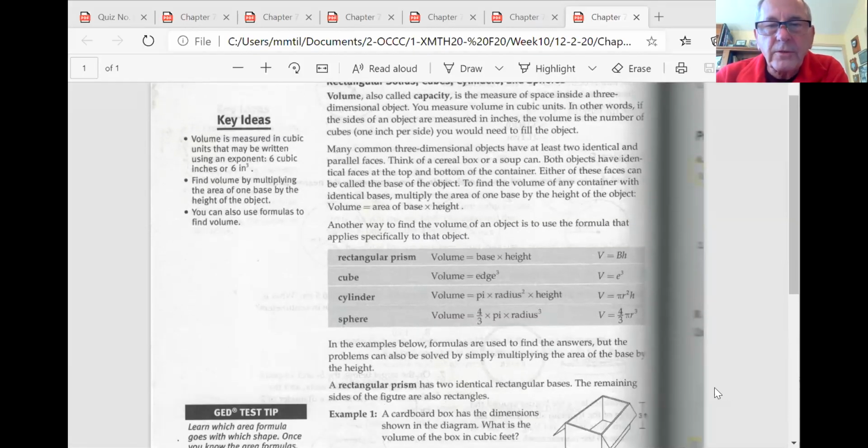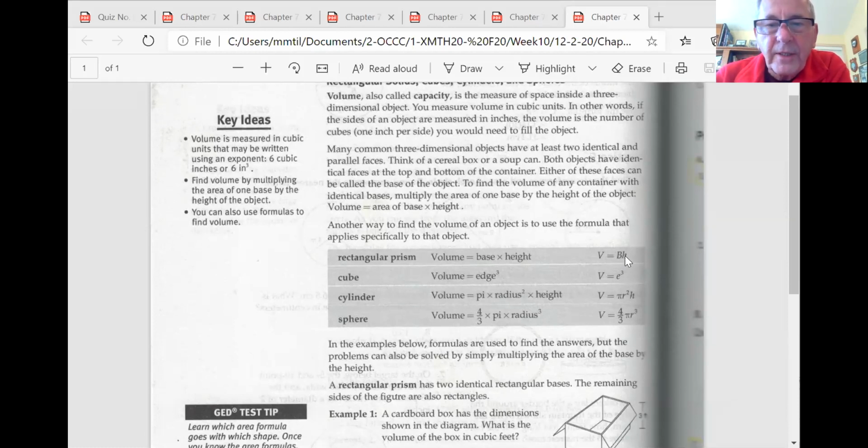These formulas, again, I wouldn't expect you to memorize these, but know how to use them in a problem. Rectangular prism. A rectangular prism is just a block. You have a base and you have a height. The volume is equal to B times h, where the capital B means the area of the base.